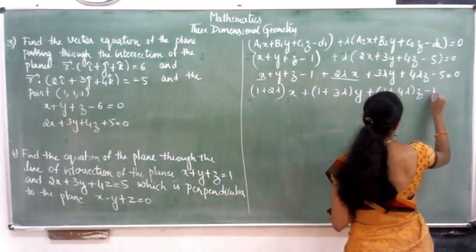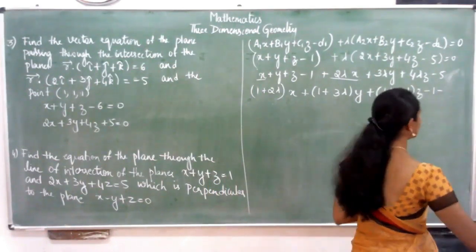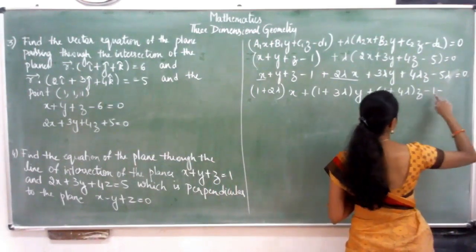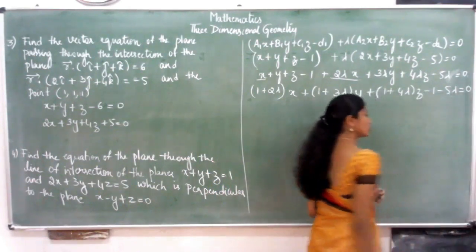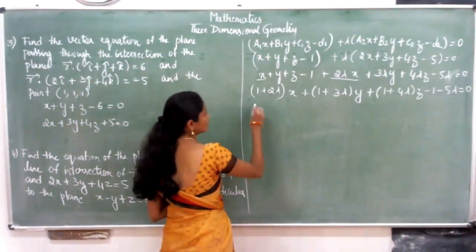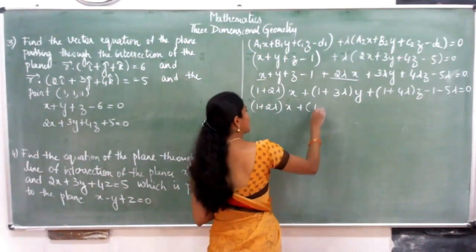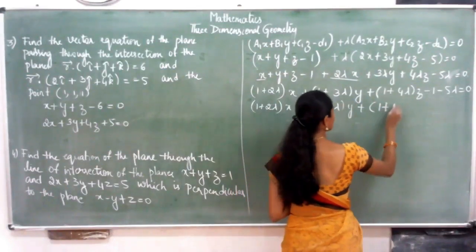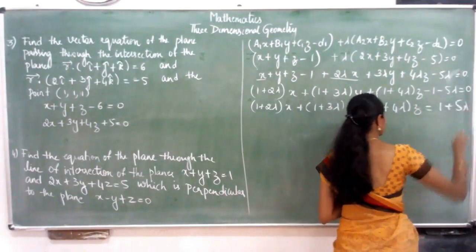Then we have minus 1, and sorry, here we should multiply lambda with 5 too, so minus 5 lambda is equal to 0. Therefore, we have minus 1 minus 5 lambda. After this, we write it as (1 plus 2 lambda) into x plus (1 plus 3 lambda) into y plus (1 plus 4 lambda) into z is equal to 1 plus 5 lambda.